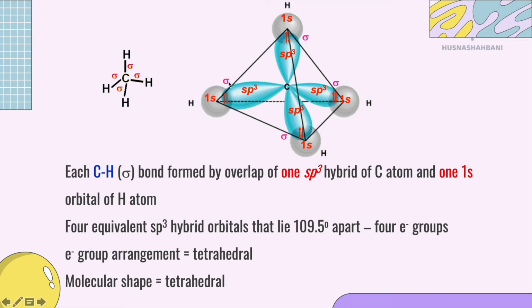So there is orbital overlap at each of the sp3 and 1s orbitals, with the unpaired electron from sp3 and the unpaired electron from 1s pairing up, forming a sigma bond. So you have 4 sigma bonds in total. The 4 equivalent sp3 hybrid orbitals lie 109.5 apart because the electron group arrangement is tetrahedral, as it has 4 electron groups. The molecular shape is also tetrahedral because the central atom has no lone pair at all.